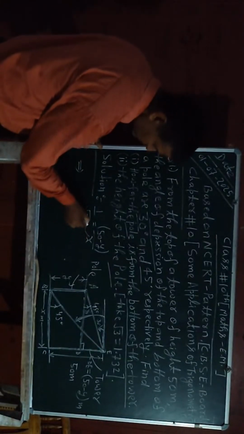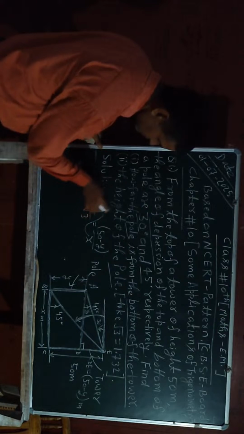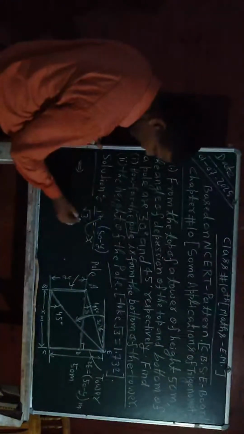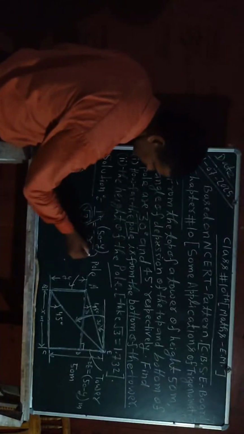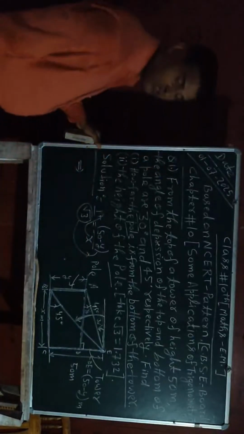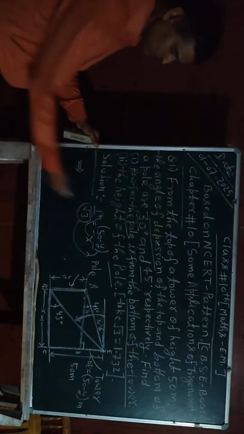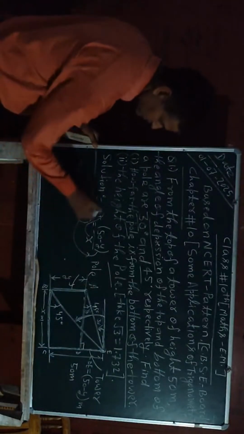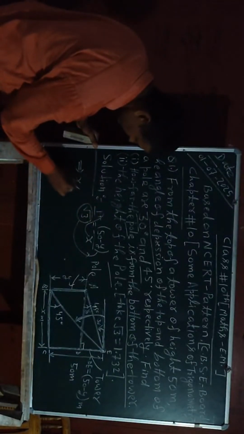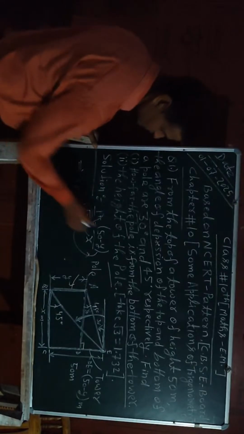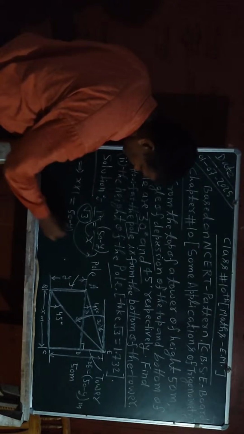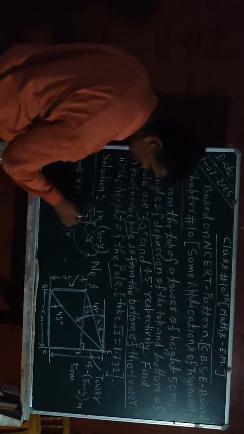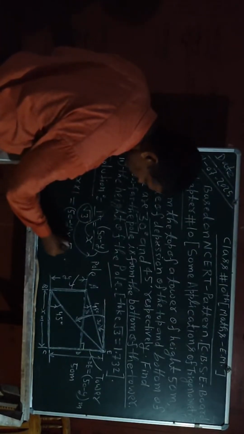So I will multiply this term with this, and again this term I will multiply with this term. So I will do cross multiplication here. x into 1, which is equal to 50 minus y into root 3.